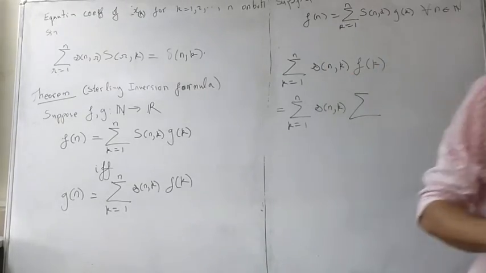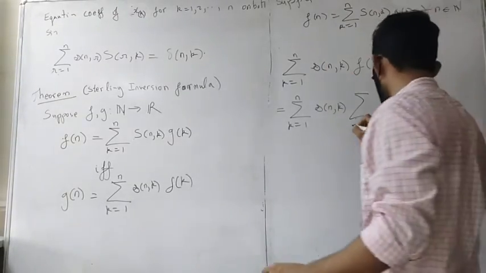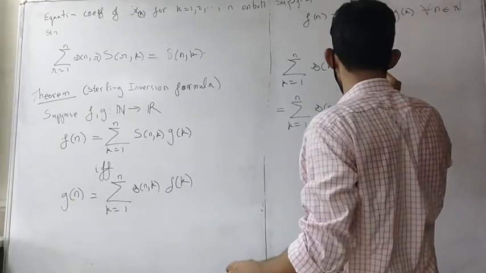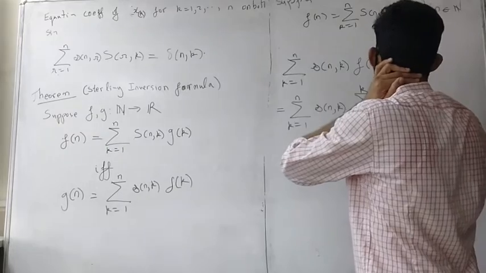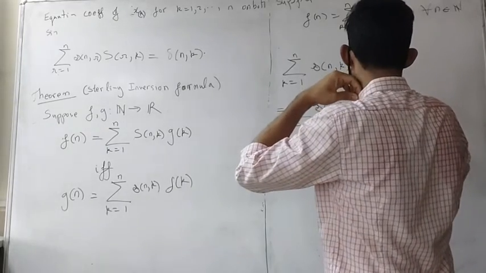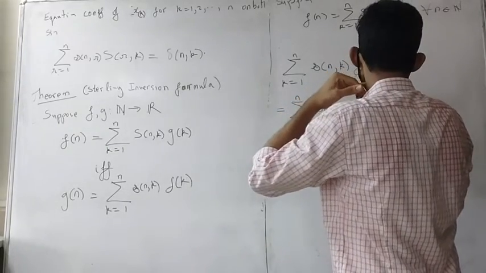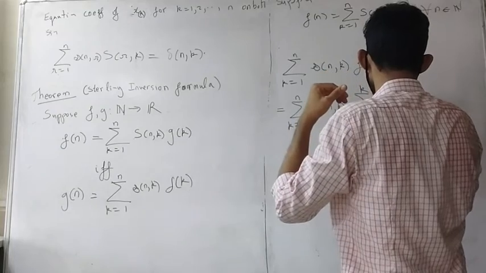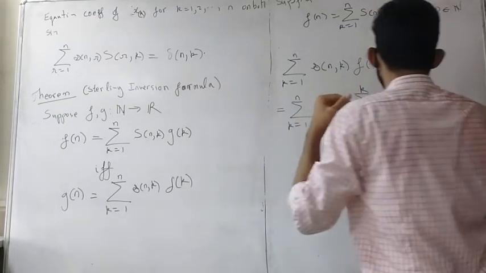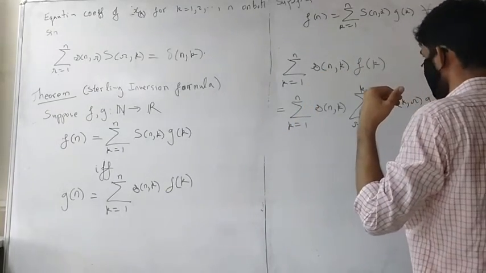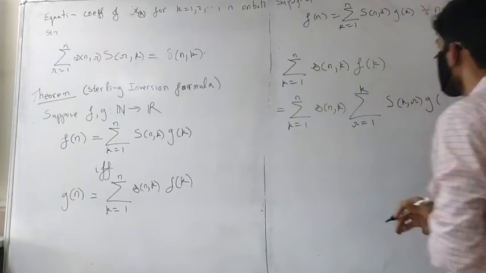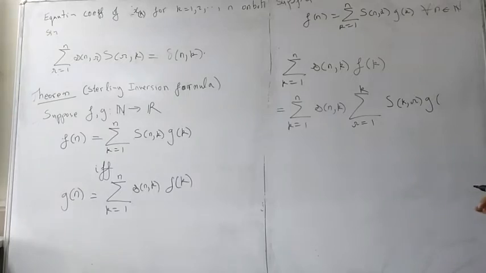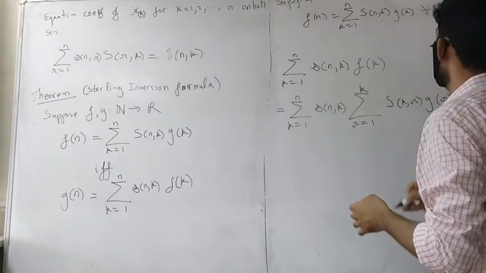Let me use, just because 1 to k, right? Just check I'm using the correct notations. I think it's S of k comma r, g r, correct?